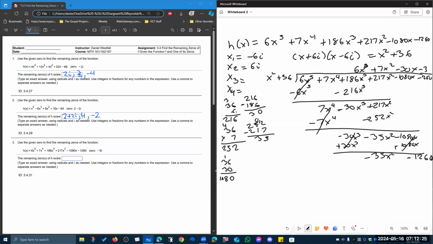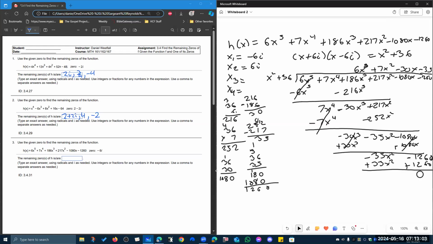That's going to be minus 35. Negative 35x squared and 36 times 35 is 1260, so that's minus 1260, change signs and add, that's 0.